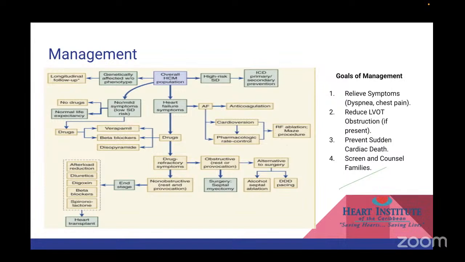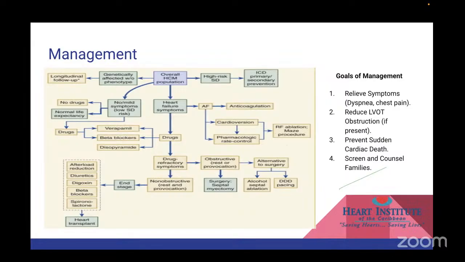Then, as regards physical activity in this group of patients, a universal restriction from vigorous physical activity or competitive sports is not indicated. Any young person, any individual with HCM that is going to participate in sports should have comprehensive evaluation.